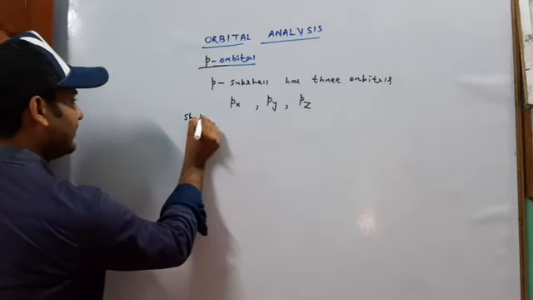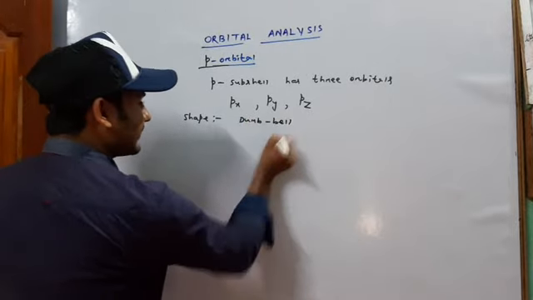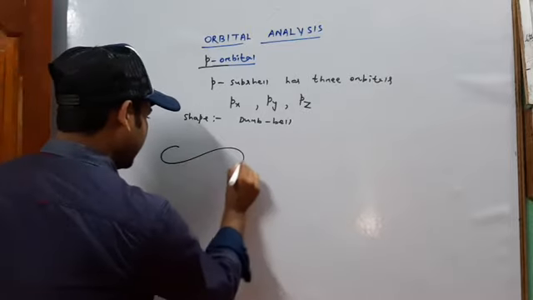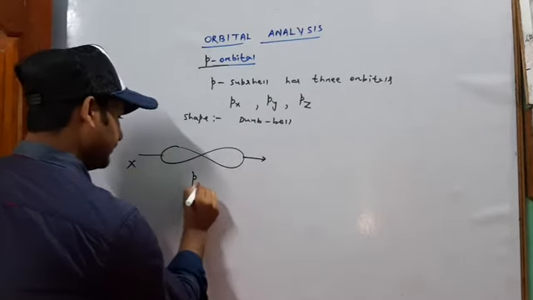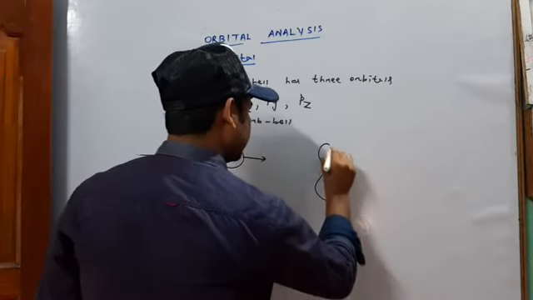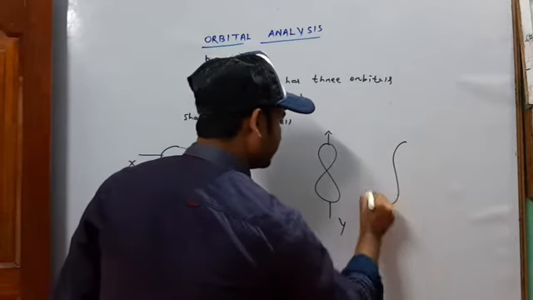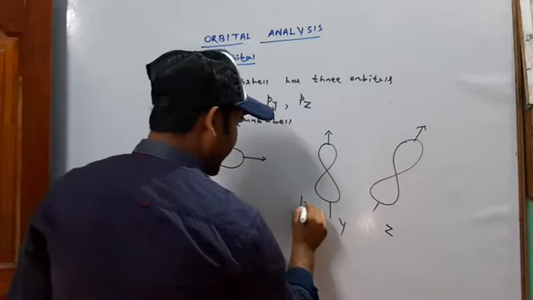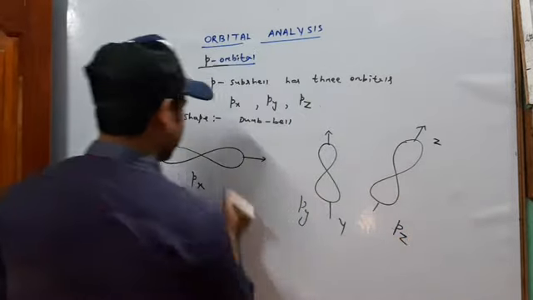The shape of the p orbital is dumbbell. Px, Py and Pz.